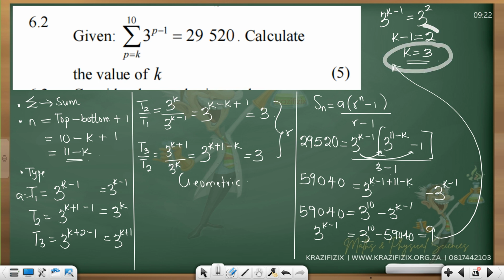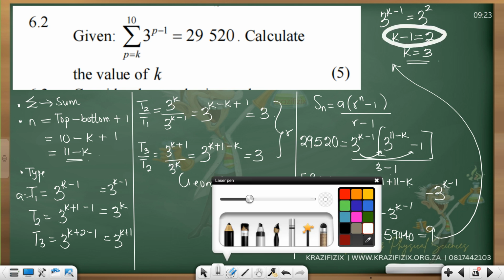Do you understand what I did here? Yes. You understand that? Yes. What about this one? Yes, I also understand that one. Okay. What do we do with the value of k? What's the question saying?